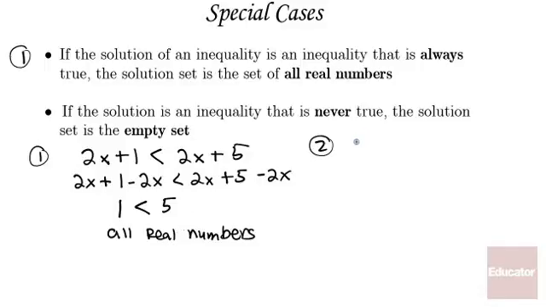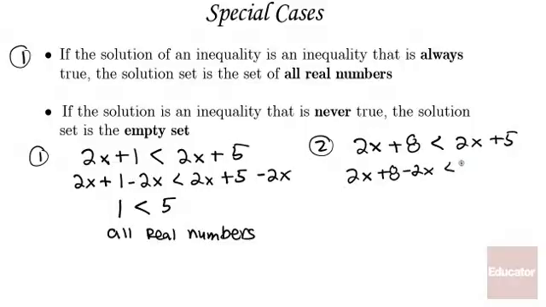So if I had 2x plus 8 is less than 2x plus 5, look at what happens. I subtract 2x from both sides. My x's drop out. I end up with 8 is less than 5. Well, it is never true that 8 is less than 5. So the solution set is the empty set.